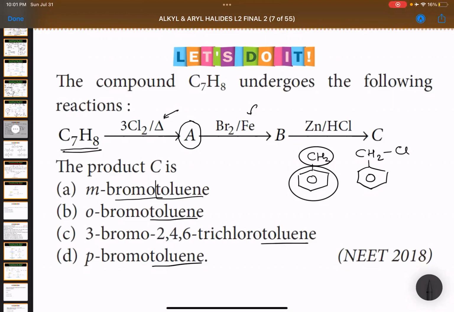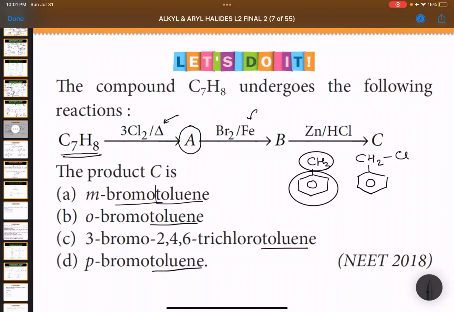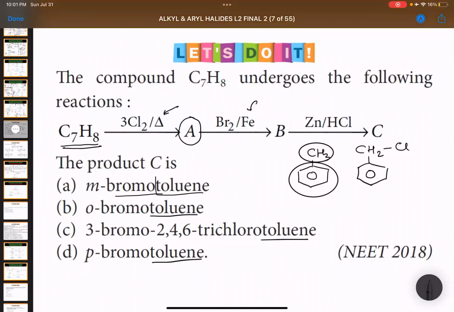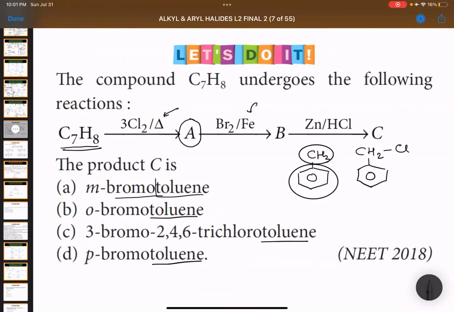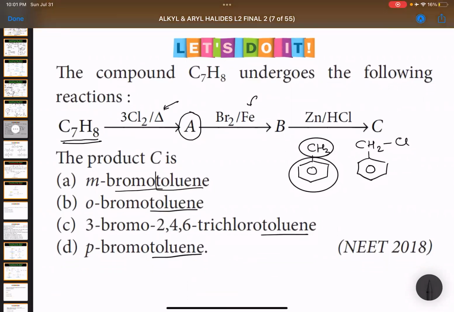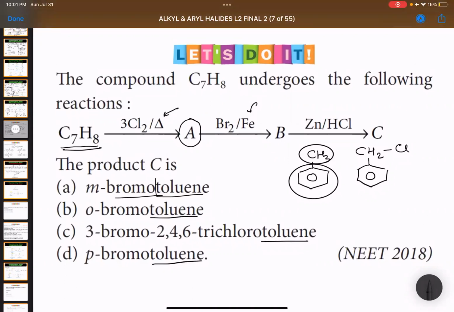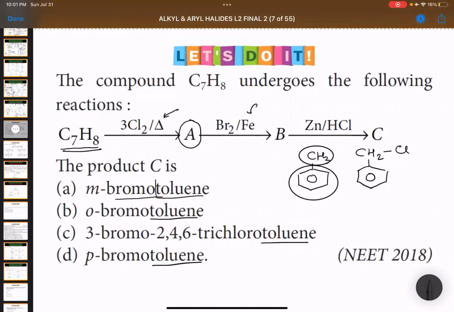What's going to be the structure of A? This is just like doing the chlorination 3 times. So CCl3 will come.